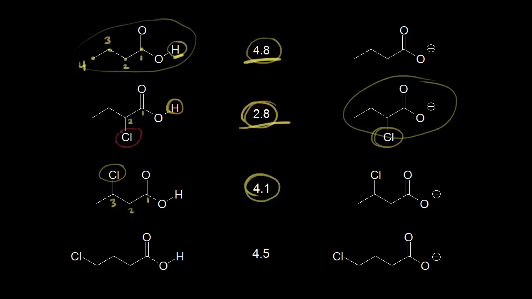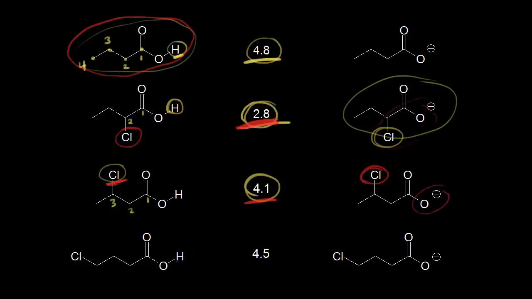So with the chlorine on carbon 2, the pKa value was 2.8. When the chlorine's on carbon 3, the pKa value is 4.1. So still more acidic than the original butanoic acid, but you can see the electronegative atom is further away from the negative charge, and that decreases the effect, right? The chlorine is further away from the negative charge than in this example.